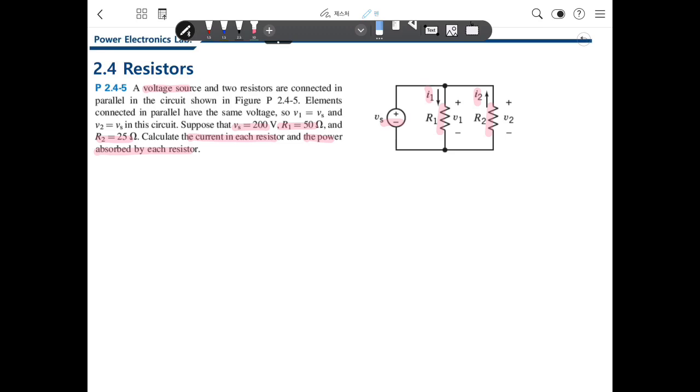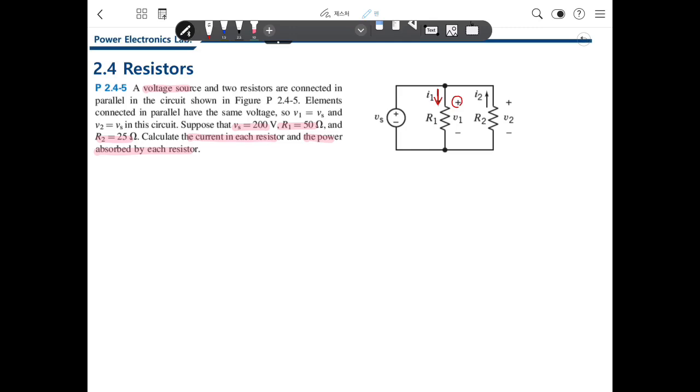In this problem, they define the direction of the current and voltage. So they show us, you need to look very, very carefully. In the problem, the current flowing through R1 is in this way, and it goes into the positive terminal.